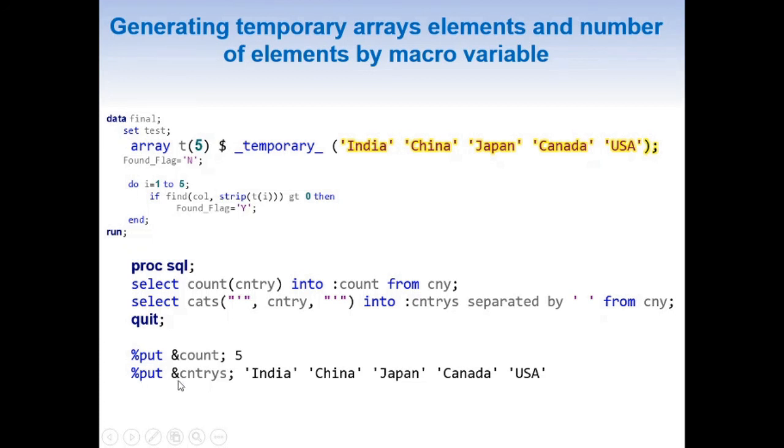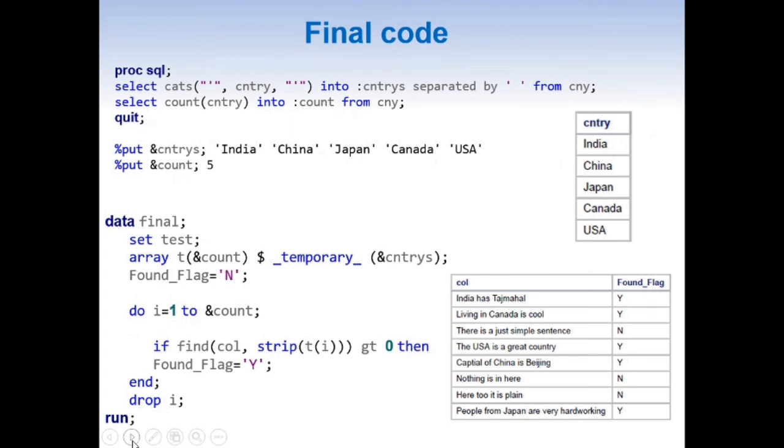When we do %put &CNTRYS, it gives the values as shown in here, and this looks exactly like temporary array elements.